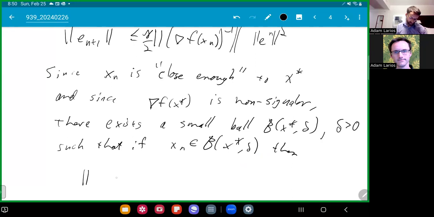we have that this norm of gradient f of xn inverse is at most 2 times the norm of gradient f of x star inverse.